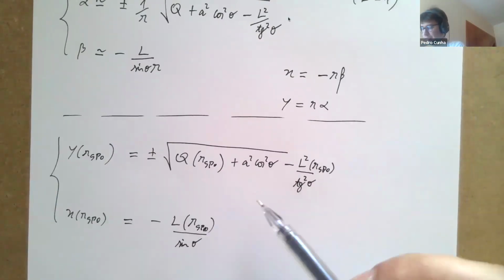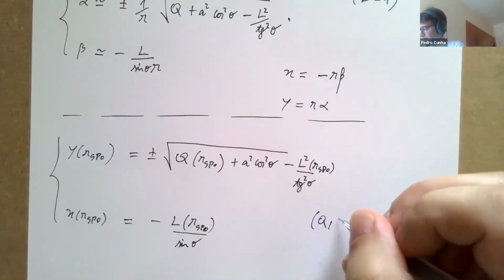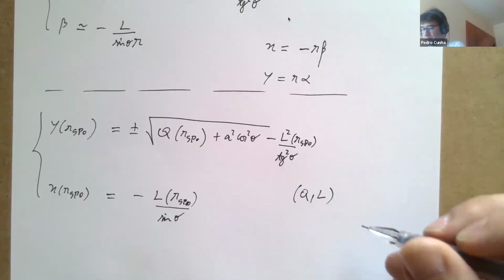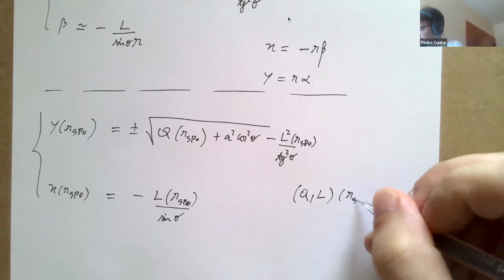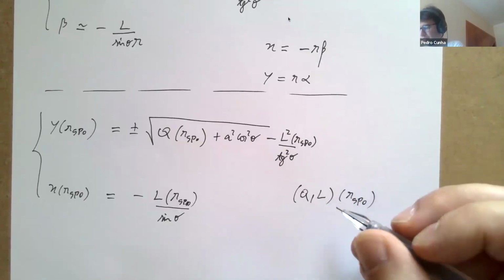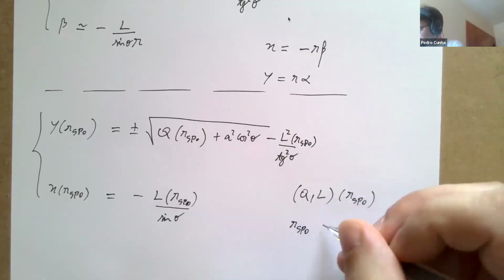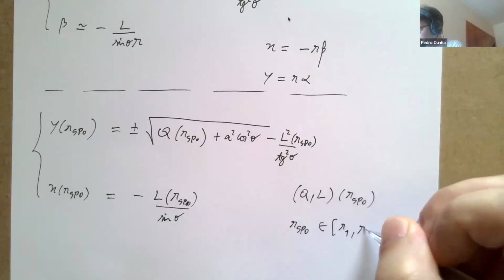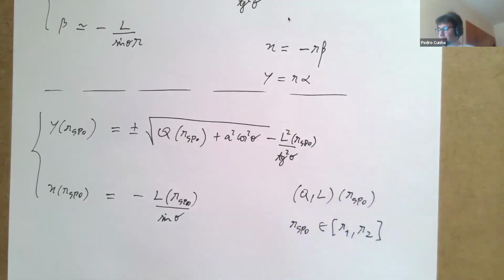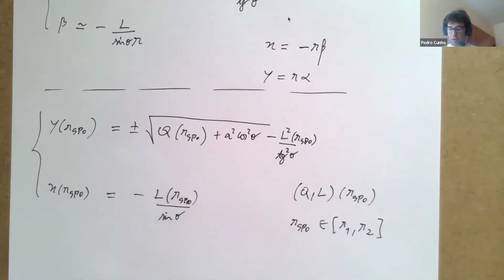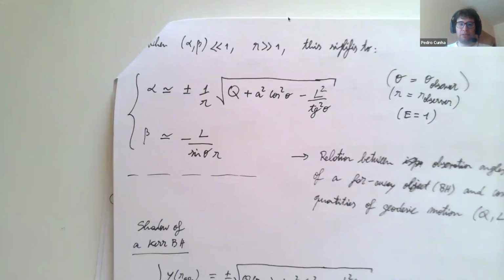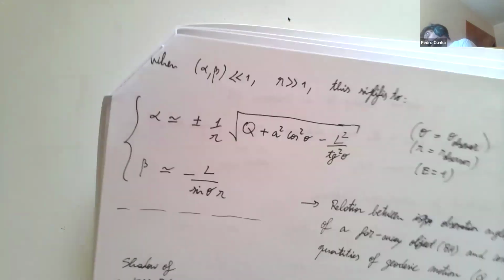So as before, you can use the relations of the Carter constant and angular momentum as a function of the radius of the SPO, of the spherical photon orbit, in the interval between R1 and R2. So this relation defines in a parametric way the shadow of the Kerr black hole, which I'm going to show now. And since I'm essentially out of time, I think I might stop here.